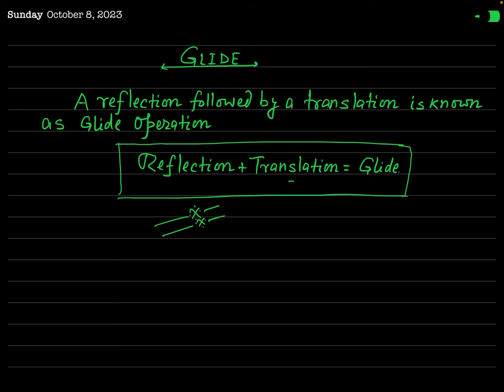So we simply define that reflection followed by a translation is called a glide operation.